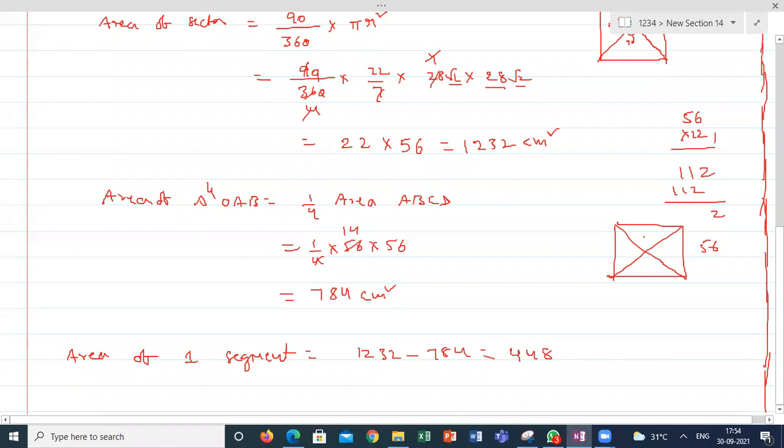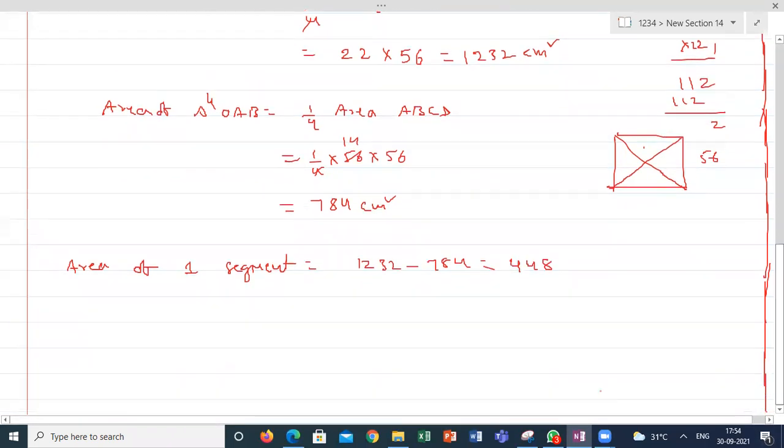So how many segments are here? Exactly 2 segments. So the area of the 2 segments is 2 times 448. How much will you get? 896.